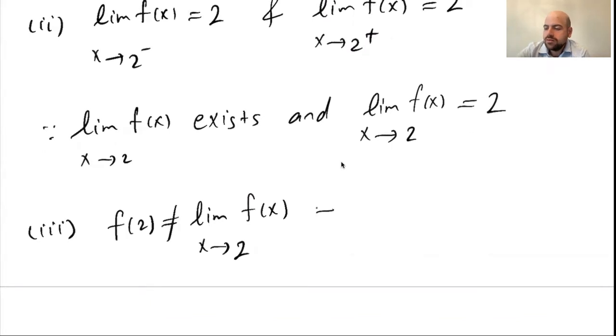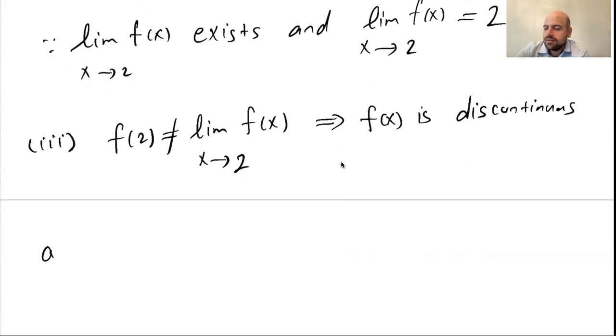So that means f of x is discontinuous at x equals 2. So the first two conditions were okay, but the third condition does not hold. So that means the function is not continuous, or in other words, it's discontinuous at this point.